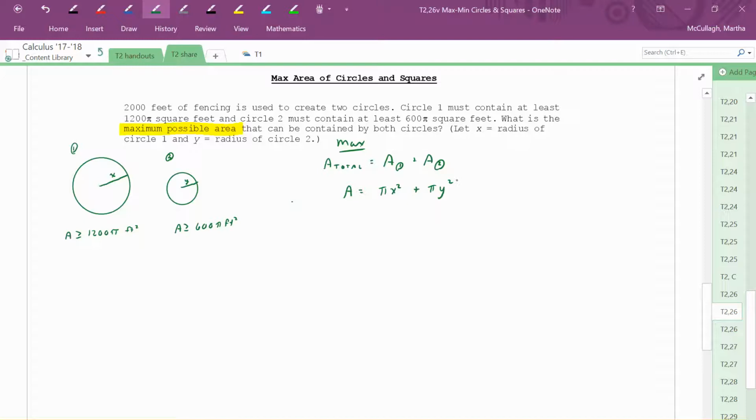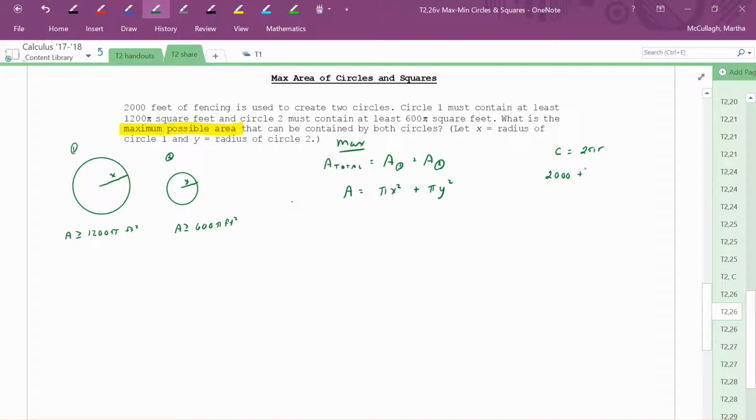Well, the same as we've had in the problem before, we again have too many variables. So I'm going to say, all right, well, I've got 2,000 feet of fence. I know that the circumference of a circle is 2 pi r. If I'm going to make both circles, I've got 2,000 feet of fence.